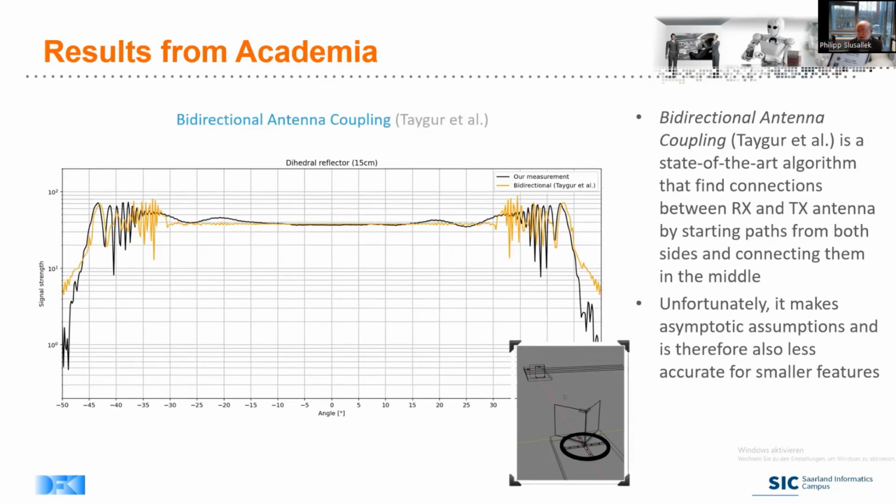And a comparison to recent developments in the radar community: this is a paper from people we've collaborated with. You see that this is also fairly off in terms of the computation.